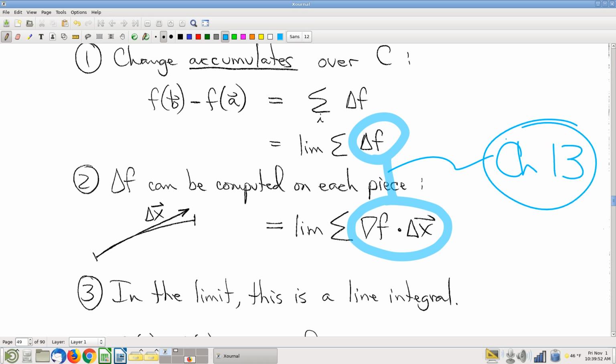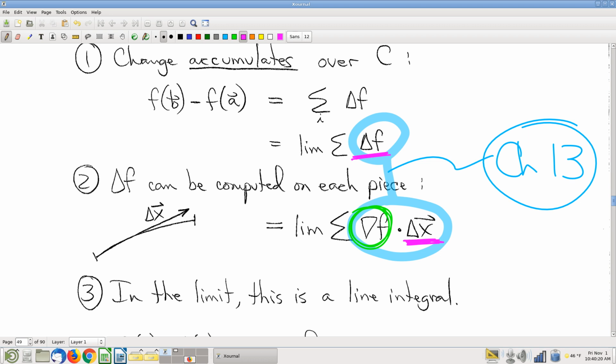But the gradient vector is the relationship between input changes and output changes. Right? So this is one of the versions of that idea. Derivatives: a relationship between input changes and output changes. Specifically, f of b minus f of a is approximated by gradient dot change in the input.